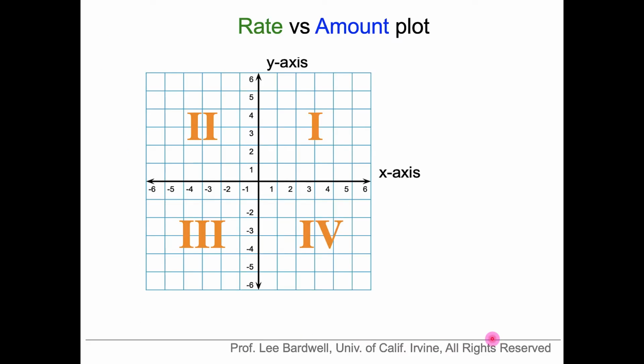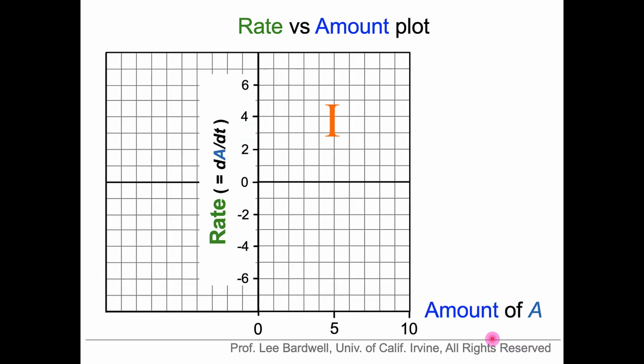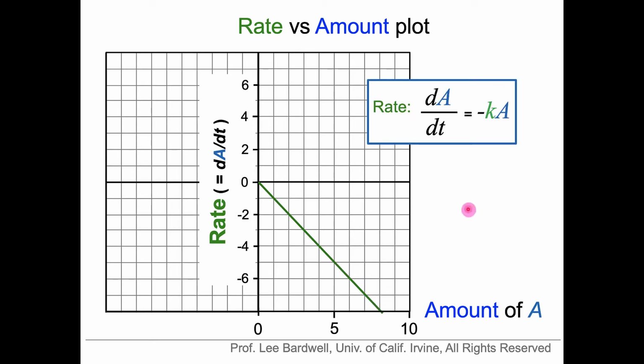Before we look at the rate versus amount plot, let's take a moment to remember the quadrants of the Cartesian coordinate system, because I am going to be plotting the rate versus amount in the fourth quadrant. As the amount of A increases, the rate is getting more and more negative. Here's the rate equation: dA/dt equals negative kA.